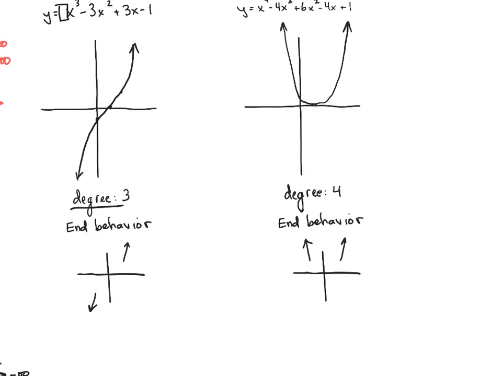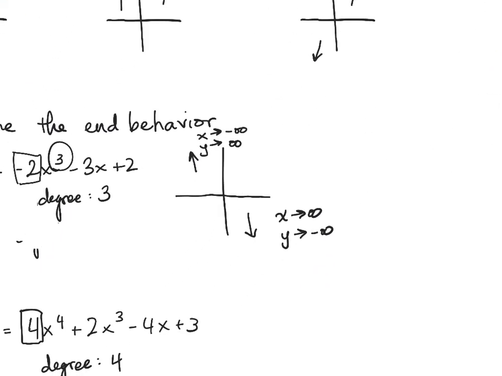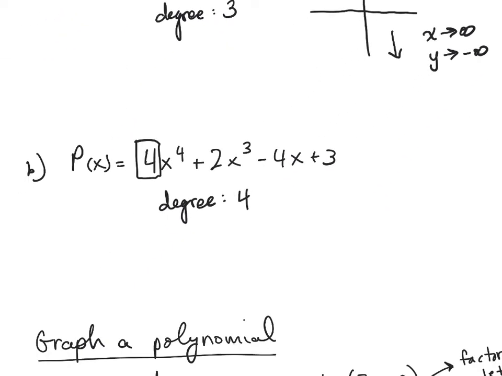Since it's an even degree, the end behaviors are both going to the same direction. So the right side and the left side of an even degree polynomial are both going in the same direction, whether it's positive infinity or negative infinity. In this case, it's going to be going up to positive infinity because we have a positive leading coefficient. So the right side is going up to positive infinity, and the left side is going up to positive infinity.